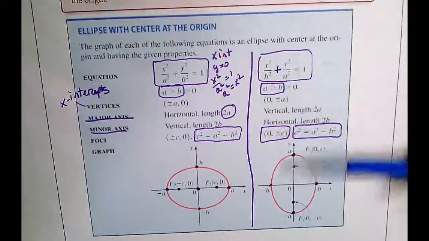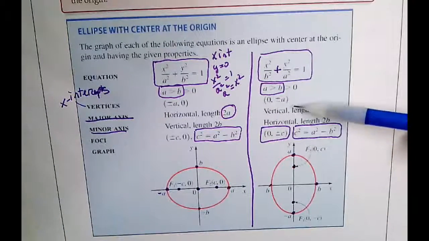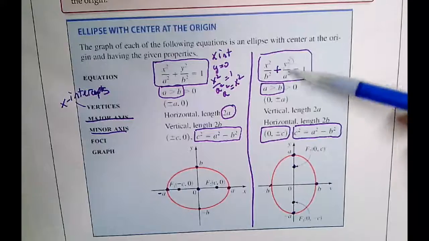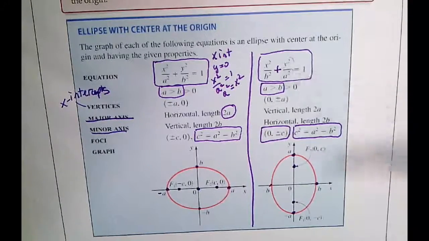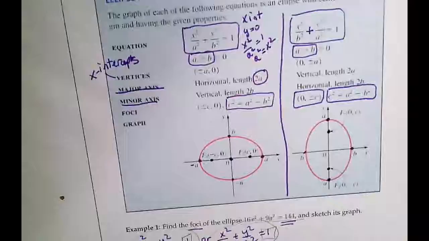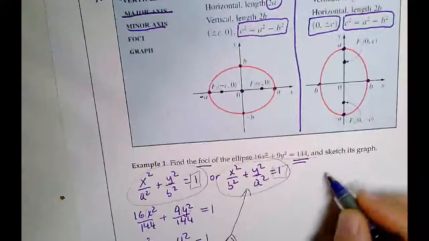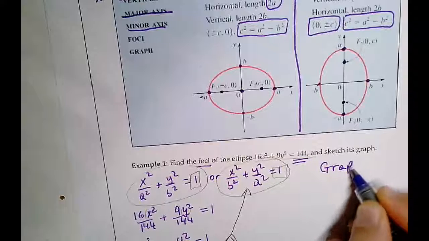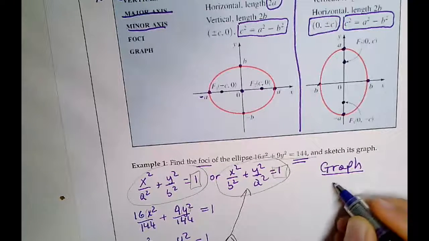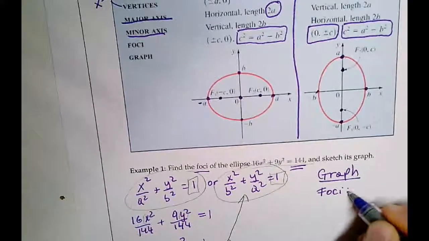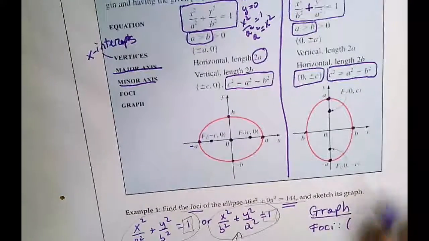Okay, because we are in this case, because the y had the greater denominator. So then let's sketch its graph. To sketch its graph, I need to know the foci. And the foci are going to be 0 plus or minus c.